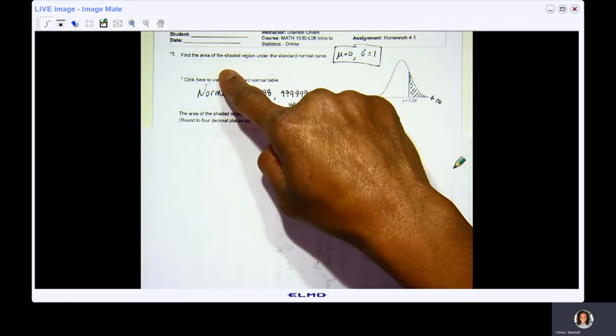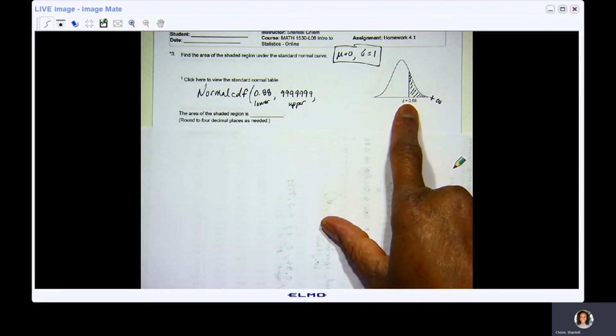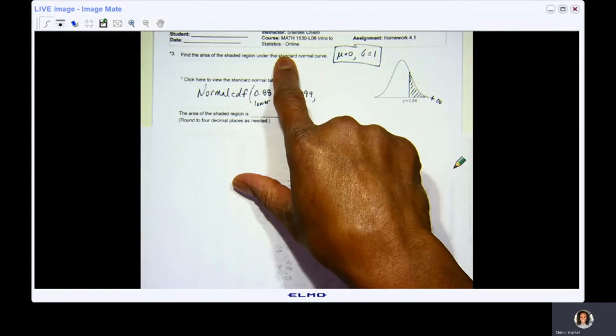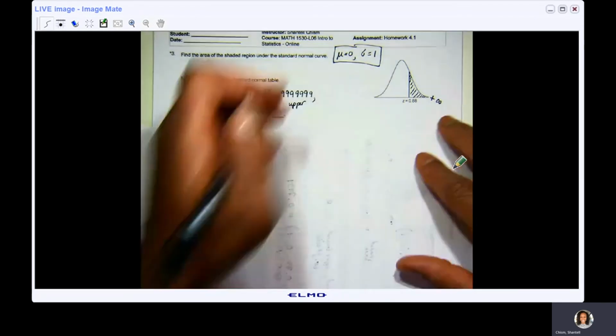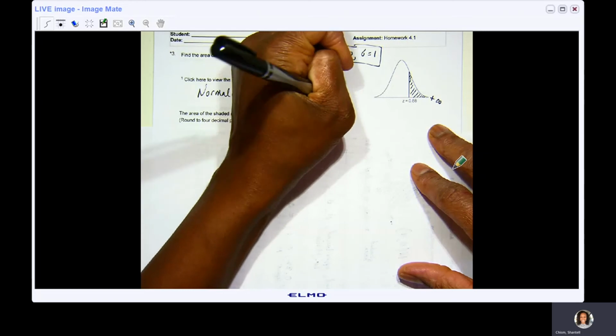When you're not dealing with the standard, but just some random normal curve, you will be given a specific mean and a specific standard deviation. On this problem, I was not given a mean and deviation because I knew it was standard normal because I was relating it to a z-score. And also, the question stated standard normal. So my mean is 0, my deviation is 1.